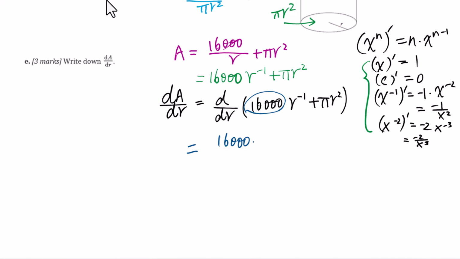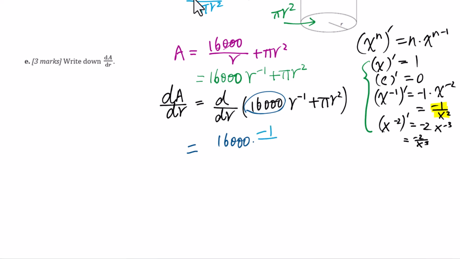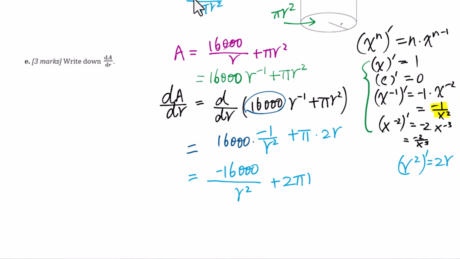R to the negative first power, we use this formula, which is negative 1 over r squared, plus pi times r squared prime equals 2r. Then simplify. Negative 16,000 over r squared plus 2 pi r.